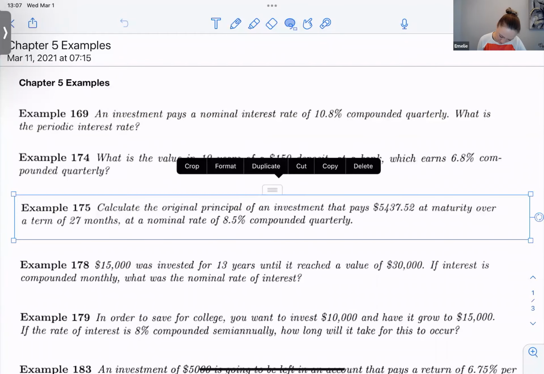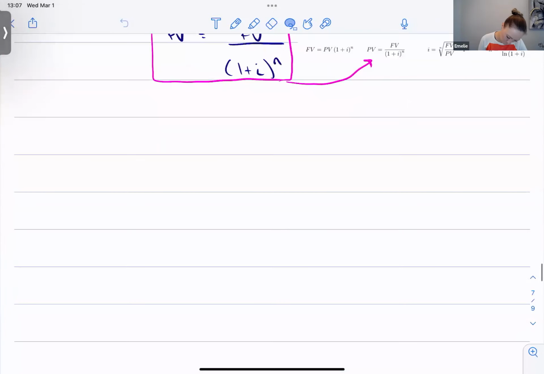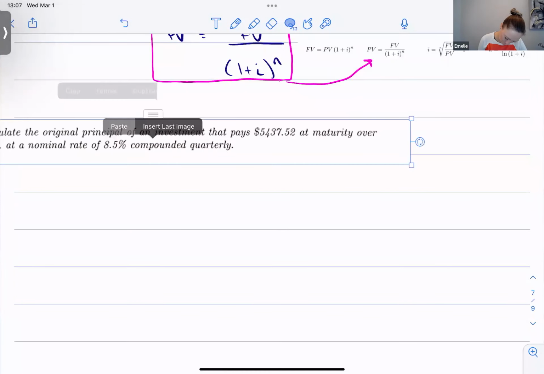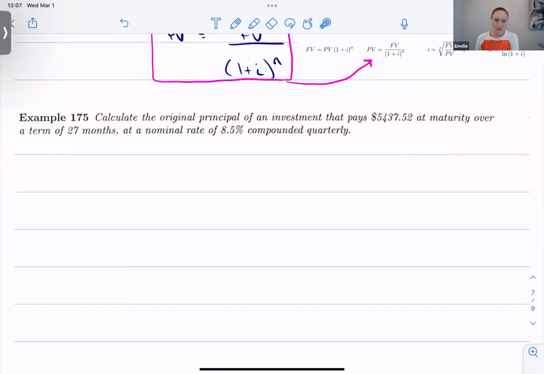175. Calculate the original principal of an investment that pays $5,437.52 at maturity over a term of 27 months at a nominal rate of 8.5% compounded quarterly.